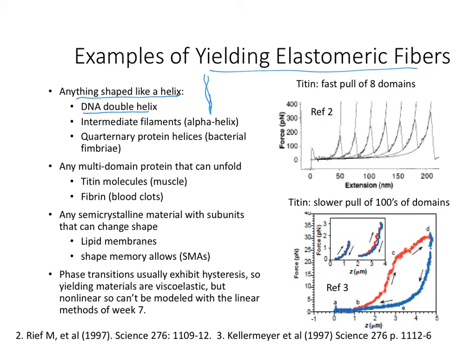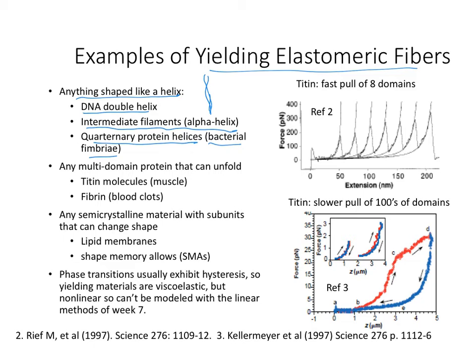There are other filaments besides spectrin, other types of mostly intermediate filaments that are alpha helical. And then there are also quaternary protein helices. There are a number of bacterial fimbriae, including some that my group studies, that fold globular proteins up into a helical structure that can be extended under force, creating the same types of yielding elasticity.